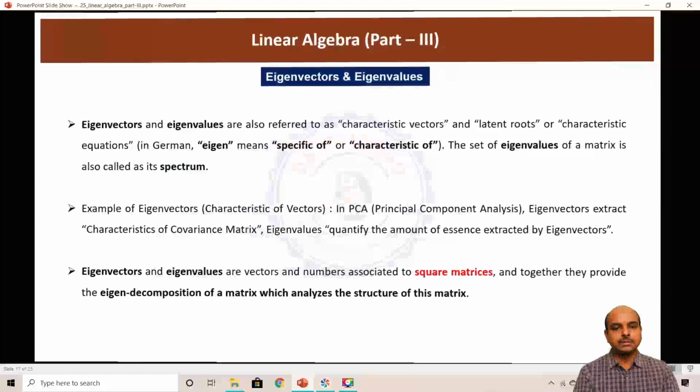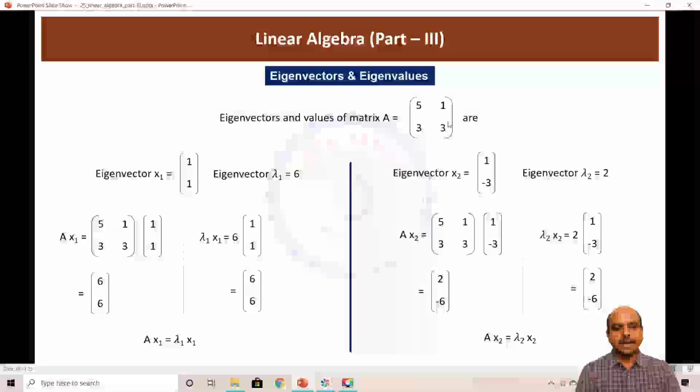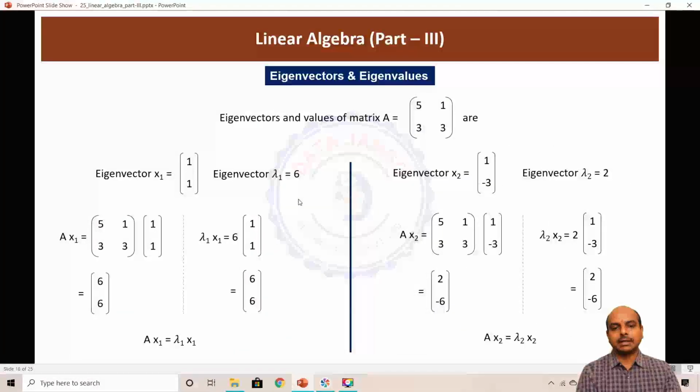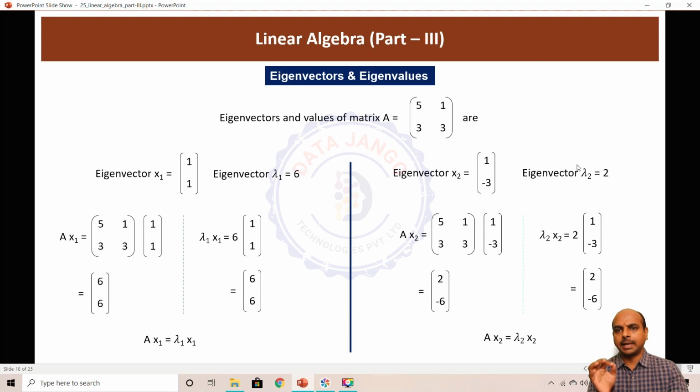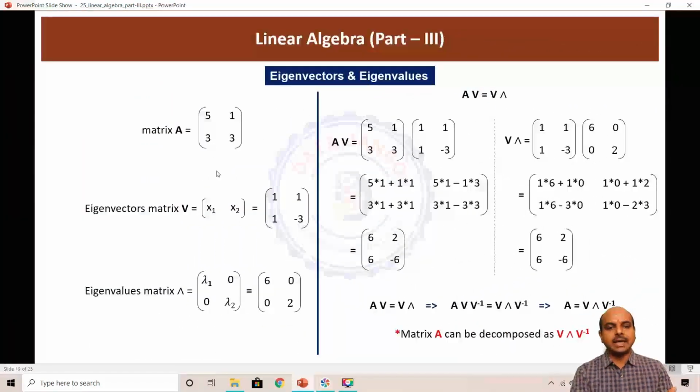So if you see this, the matrix is decomposed into two eigenvectors and two eigenvalues. An n by n matrix can have a maximum of n eigenvectors and n eigenvalues. After deriving the eigenvectors, you can combine all eigenvectors and represent them as an eigenvector matrix, and combine all eigenvalues in a diagonal matrix and specify it as the eigenvalue matrix.